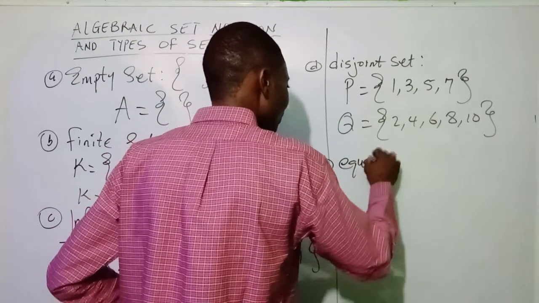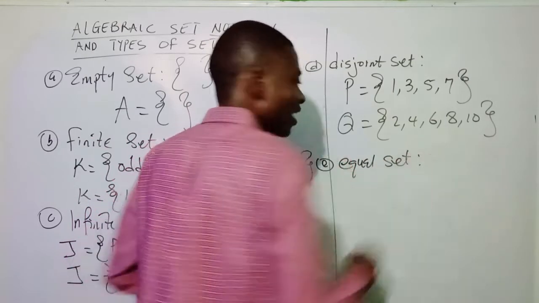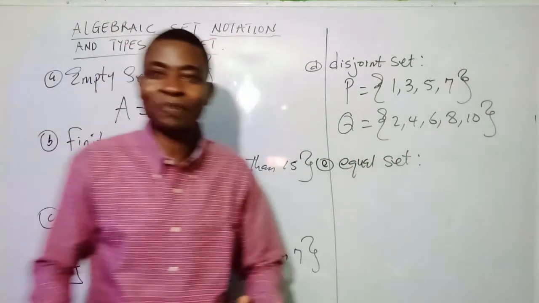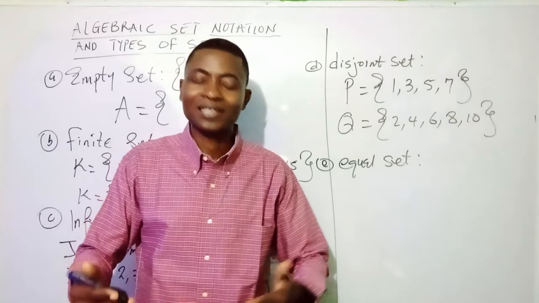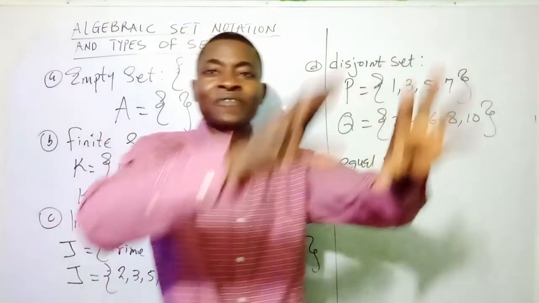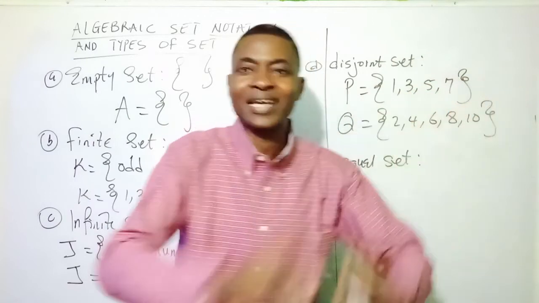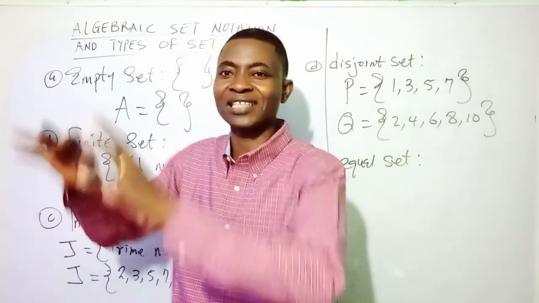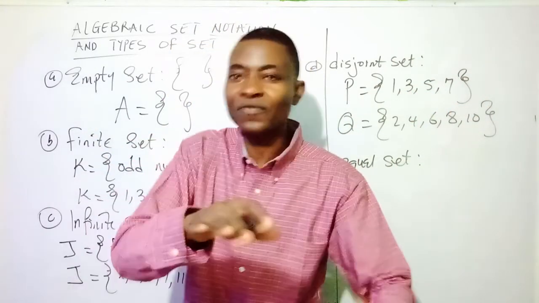Now, we have the last one that we're talking about, equal sets. From the name, what does that mean? Two sets are said to be equal if all the elements in the first set are the same as the elements in the second set, irrespective of the arrangement.